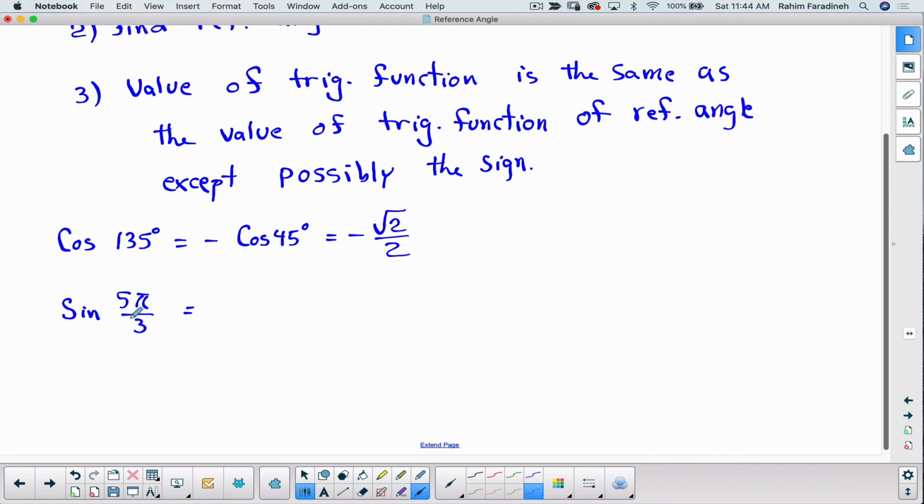Five pi over 3 is in the fourth quadrant, and sine is negative. But the reference angle for the angle 5 pi over 3 is pi over 3. So the final answer will be negative radical 3 over 2.